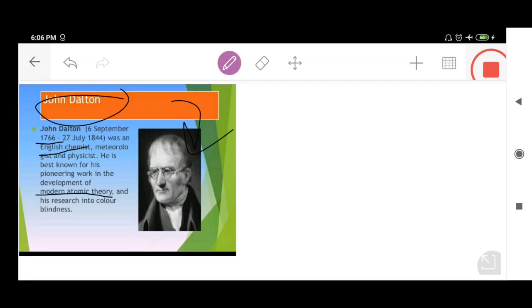That's why I told you that about 25% of chemistry is based on this atomic theory. And his research as far as biology is concerned is color blindness. So this was something regarding John Dalton. Let's discuss Dalton's atomic theory.